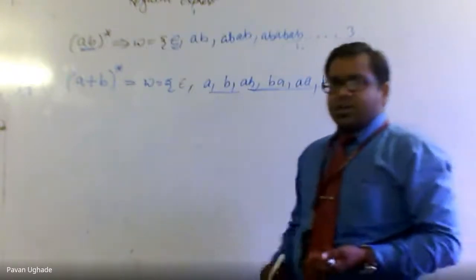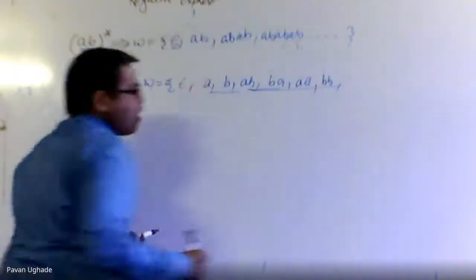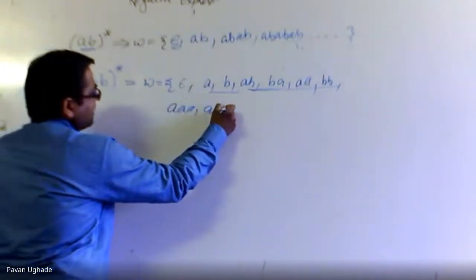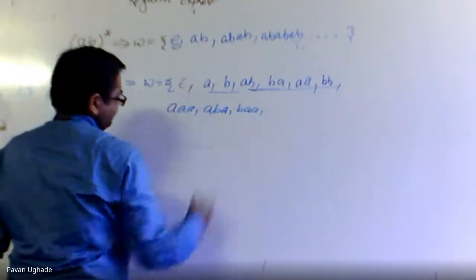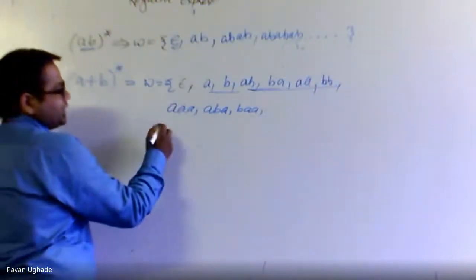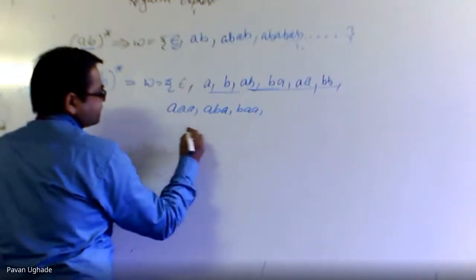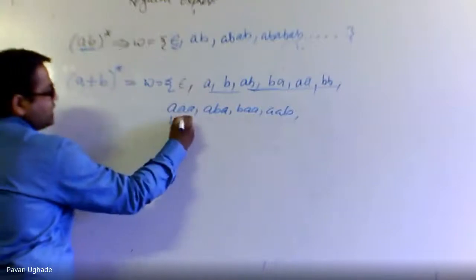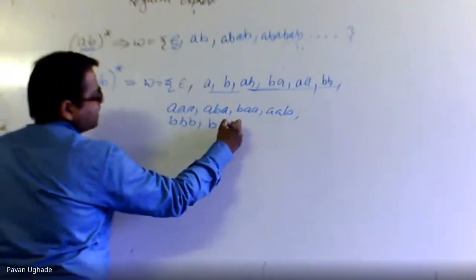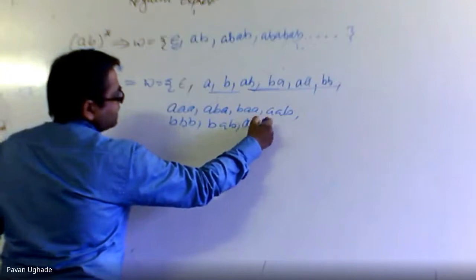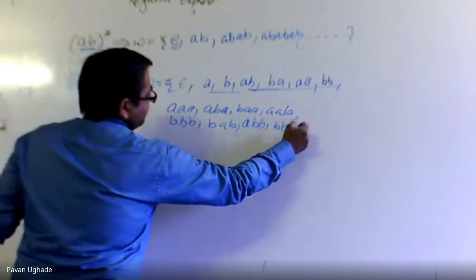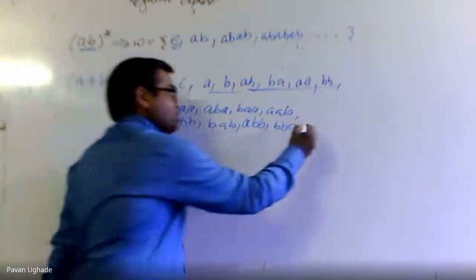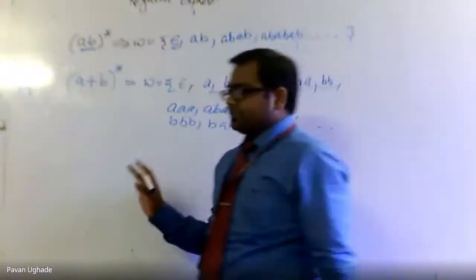The same way, can we have the possibilities of length 3? A, B, A, B, A. Right? Next, B. Then B, A, B, A. These are all the length 3 possibilities. Maybe length 4. See guys, it is very simple.